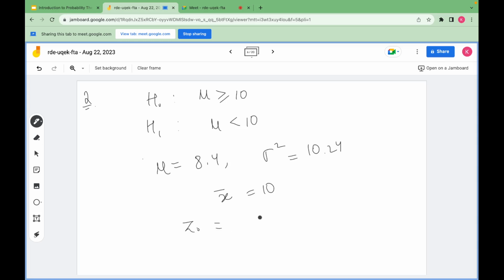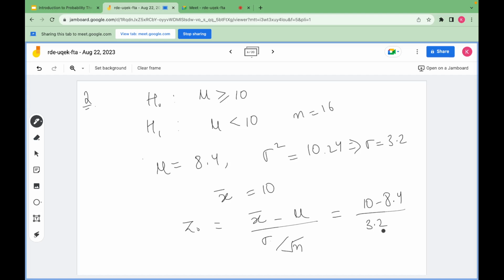Then the test statistic is x bar minus mu upon sigma by root n. So this will be 10 minus 8.4, sigma is 3.2, and n is given as 16, so divided by 3.2 divided by 4. This comes out to be minus 2.